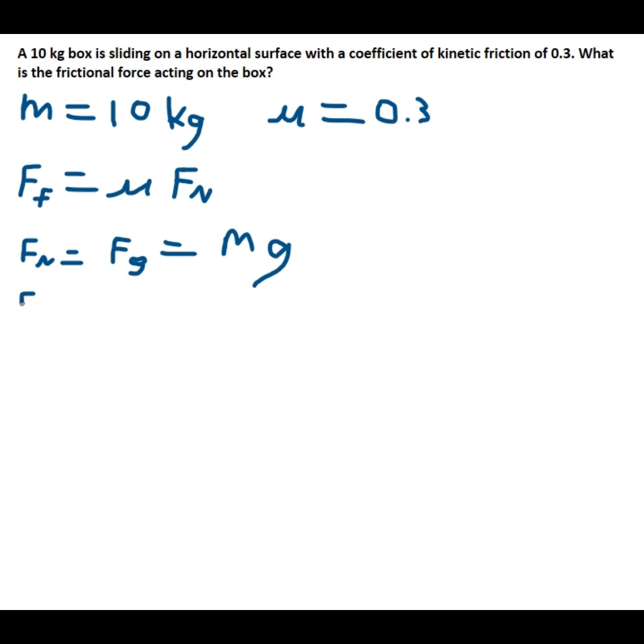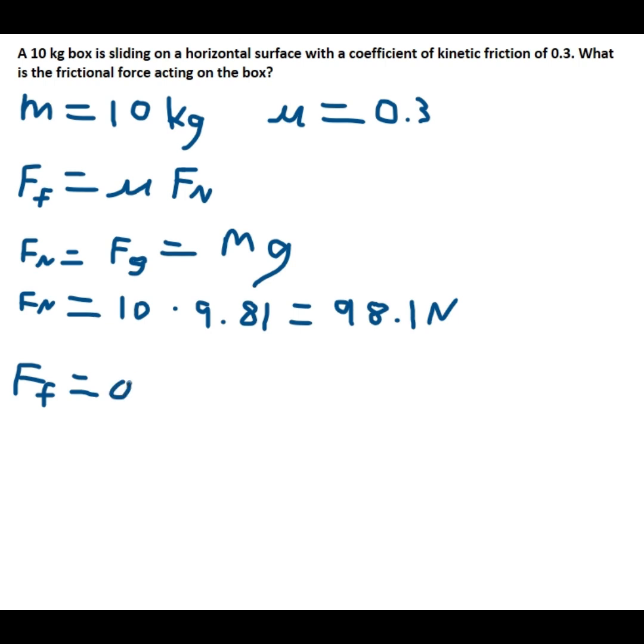Plugging in the values, we find that the normal force is equal to 10 kilograms multiplied by 9.81. This is equal to 98.1 newtons. Now, to solve the frictional force, let's plug in the values that we have now.